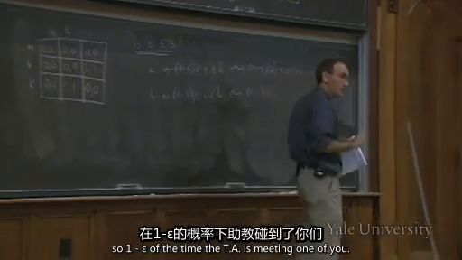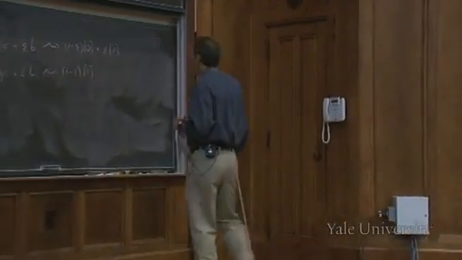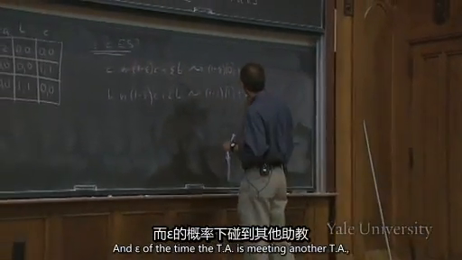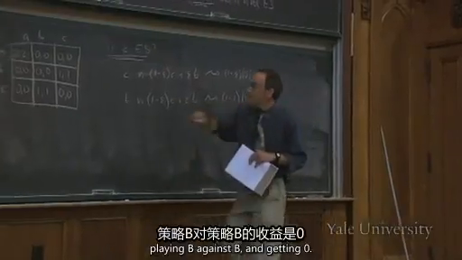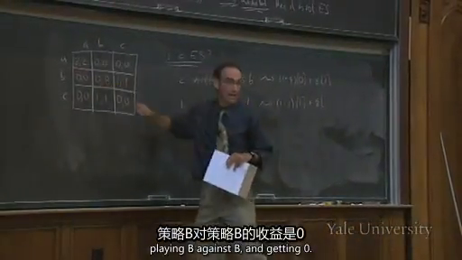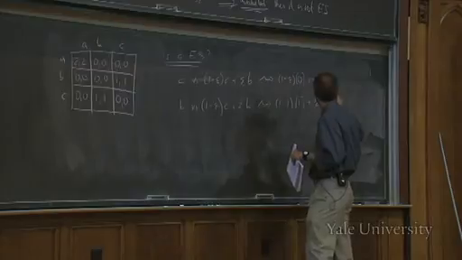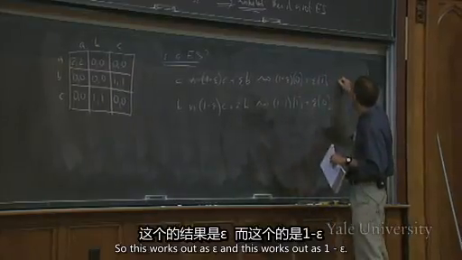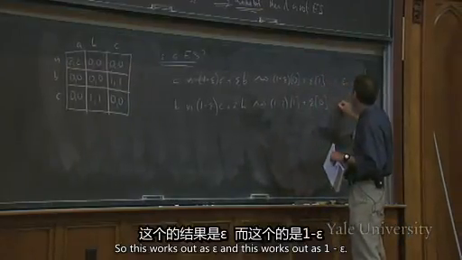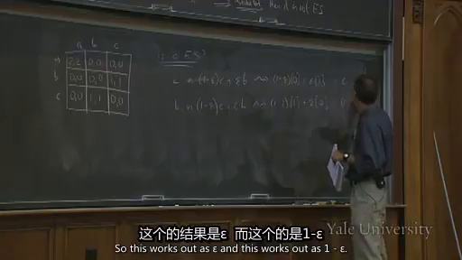And epsilon of the time, the TA is meeting another TA, playing B against B, and getting 0. So this works out as epsilon, and this works out as 1 minus epsilon.